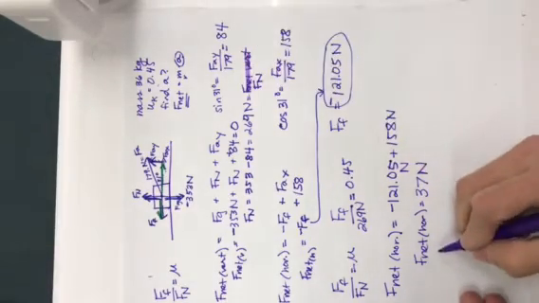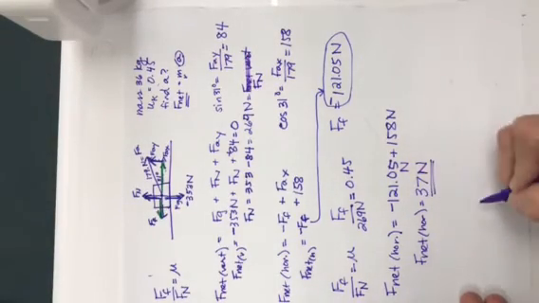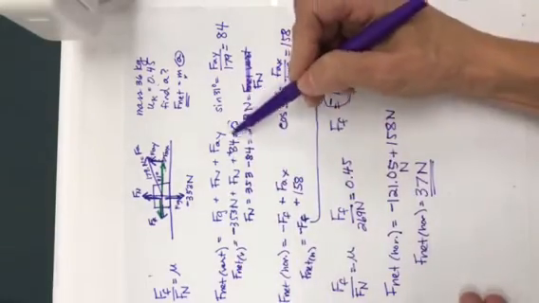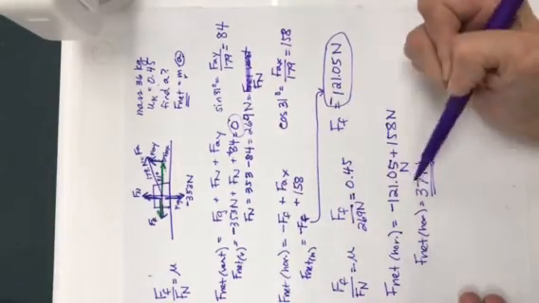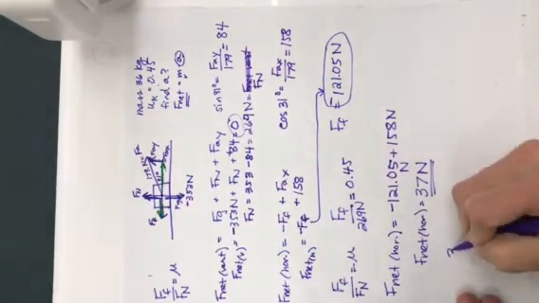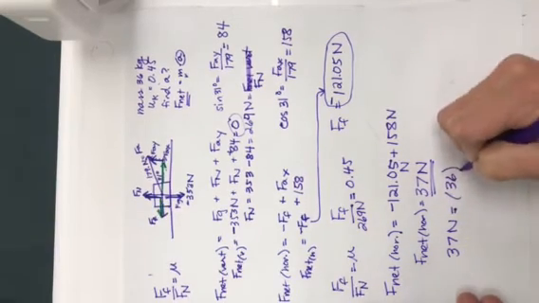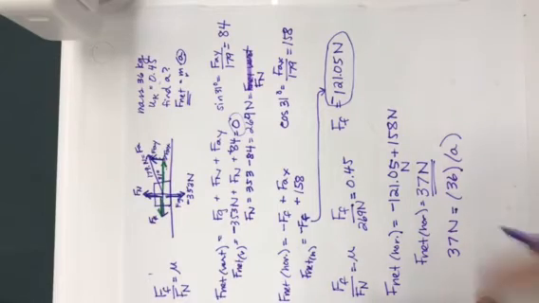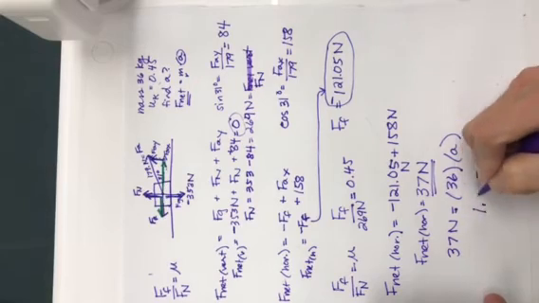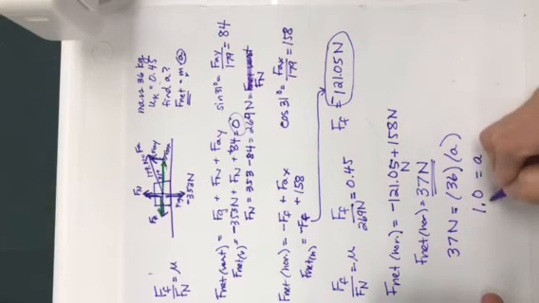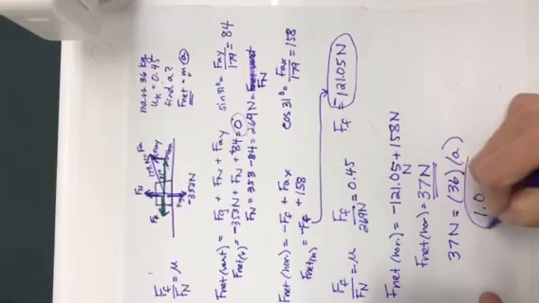Now those are my net forces. My vertical is 0, but horizontally I do have a net. So 37 newtons equals the mass times the acceleration. My acceleration is going to be pretty darn close to 1.0 meters per second squared.